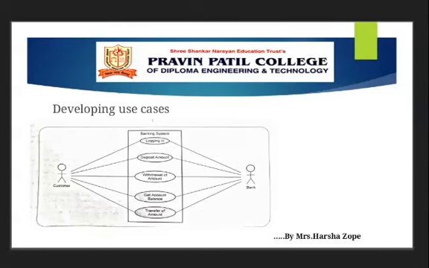In the exam you can be asked to draw a use case diagram for a bank management system, hospital management system, college management system, and so on. In every question you have to consider the actors which will be present in that system. In a banking management system there may be customer and bank, these are the actors.